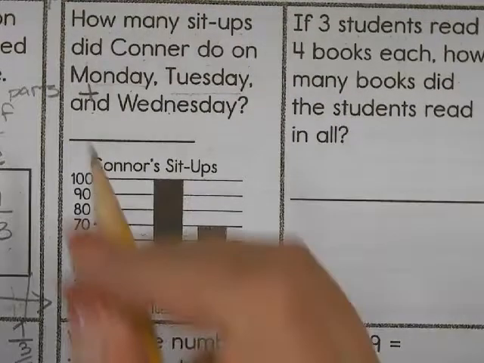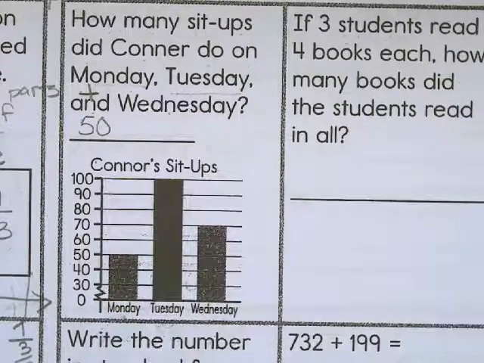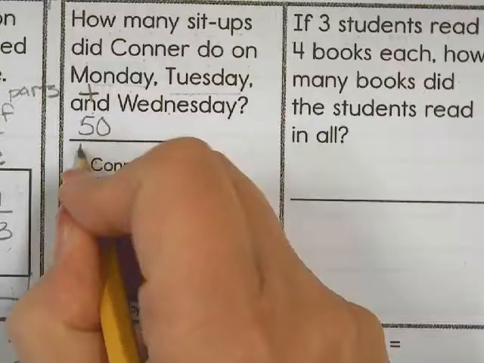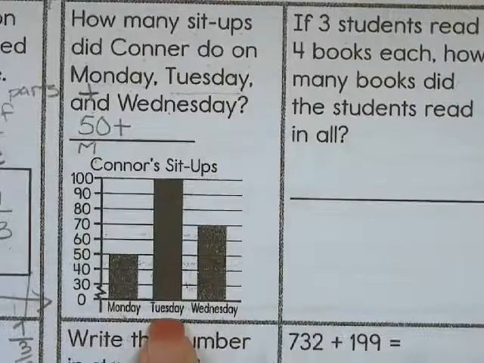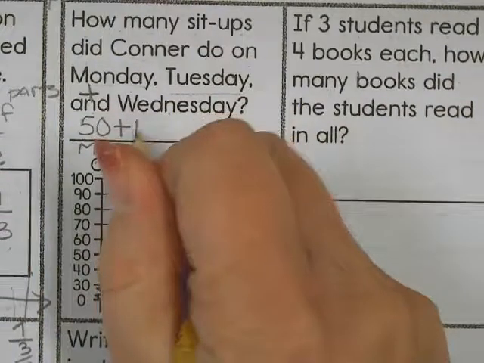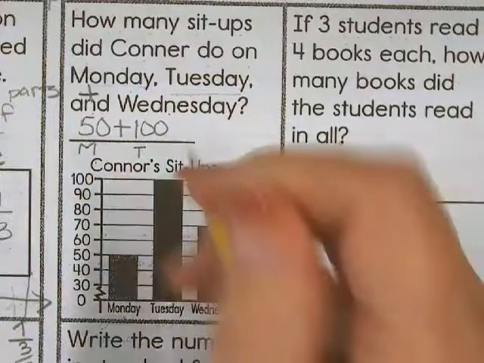So in this case, we have 50 for Monday, and I have M here for Monday. And we have Tuesday, there are 100 sit-ups that he did on Tuesday. I'm going to put a T for Tuesday here.